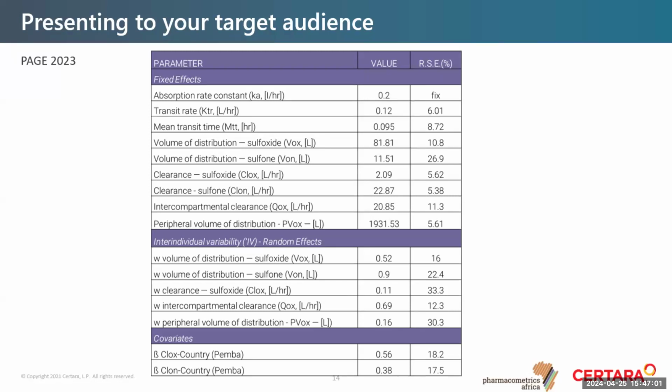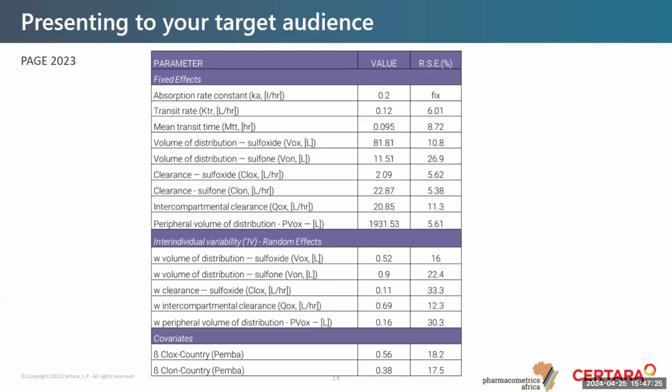Which covariates do we think are clinically relevant to add in the model when we're doing the covariate model building stage? And whatever we thought was not clinically relevant, well, don't do it. If you want to test it out. But if it's not clinically relevant, why add it? So those were discussions we had.